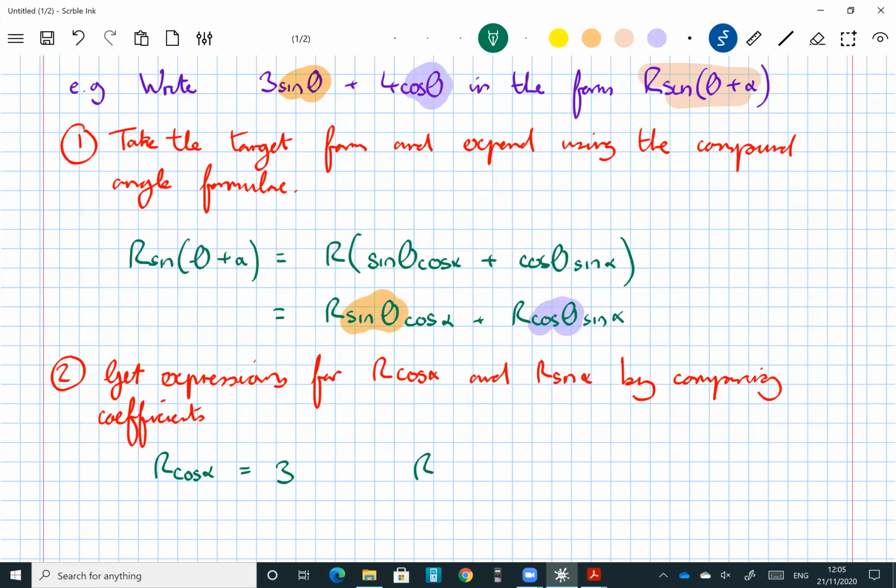We've also got the coefficient of cos theta, which is r sine alpha, equals 4. And that's put us a step closer now to being able to find out what the value of r and alpha are.